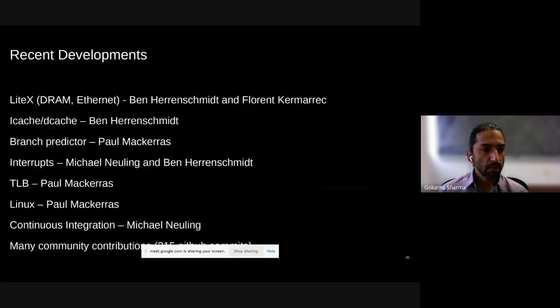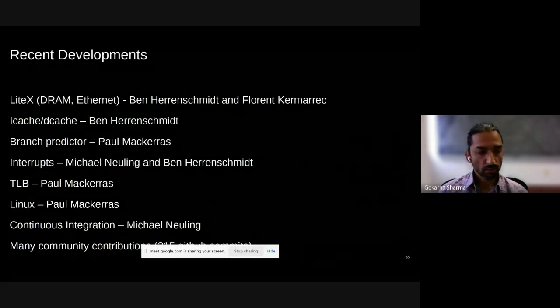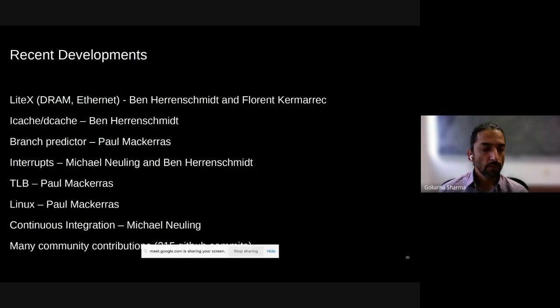There are many recent developments on this one. For example, ICache, DCache implementation, branch predictor implementation, interrupts implementation, translation lookaside buffer implementation, some Linux subset functionalities, and it is continuously integrated. So you have new features added, everything.